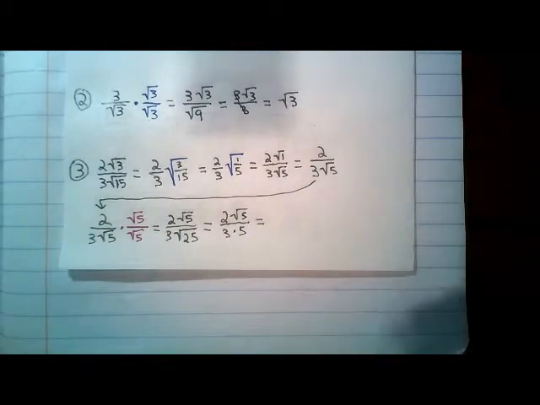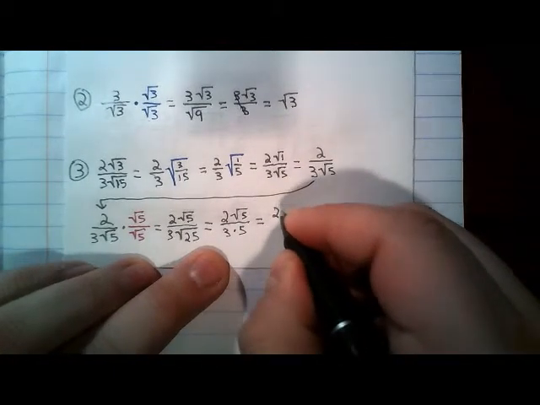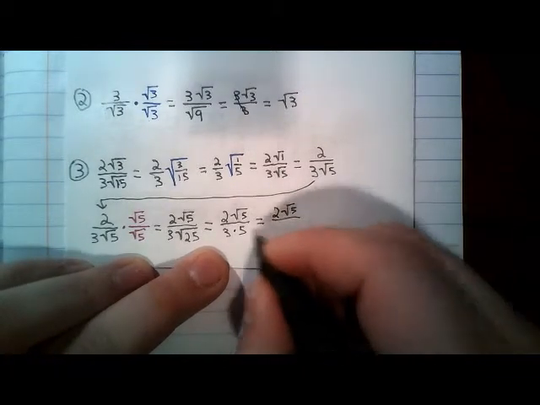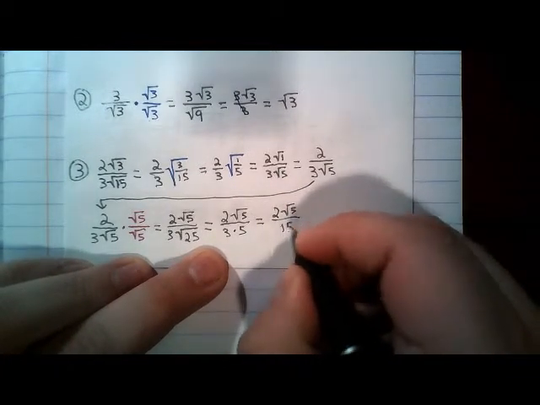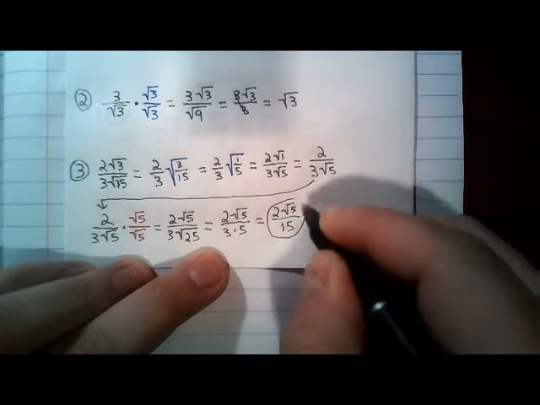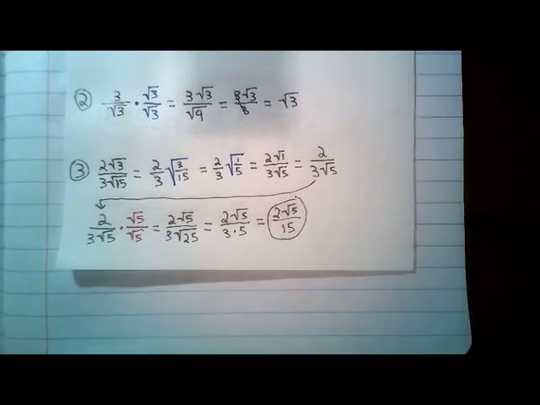And I just keep going with my simplifying. The top stays as 2 square root of 5. And the bottom, 3 times 5 is 15. And there's my final answer. No square root symbols in the denominator, so I'm all set.